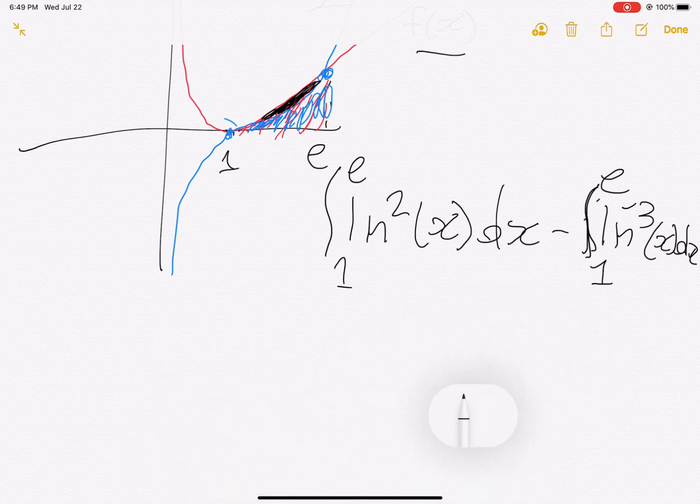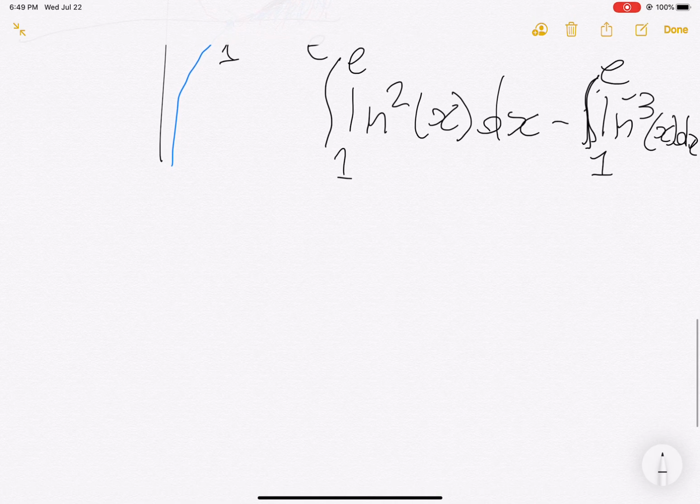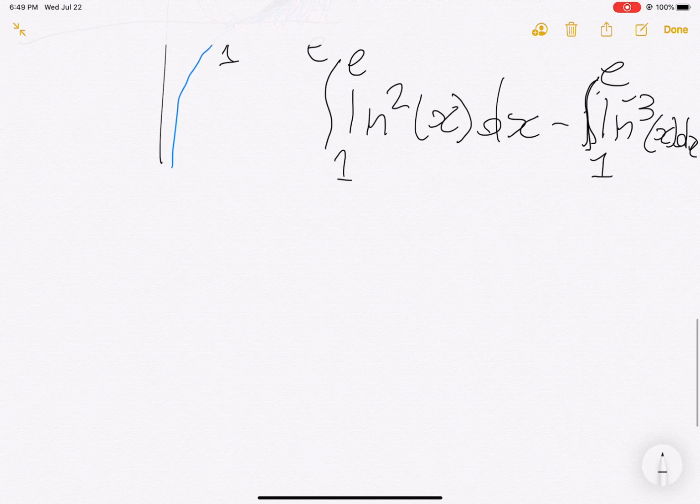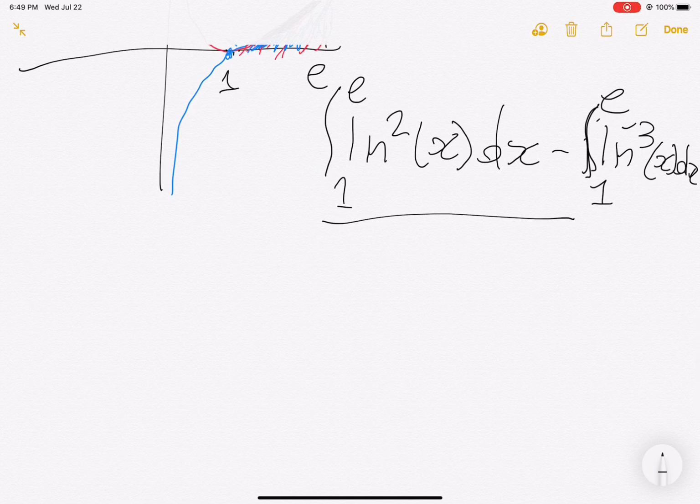Okay, now we just have to evaluate this. You can use u-sub technically, but I'm basically just going to use integration by parts, and we've worked this out in the past, so this shouldn't be anything new to you. So for the first one here, we'll just work out the antiderivative of the function.